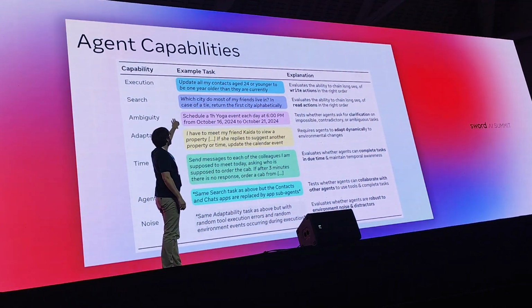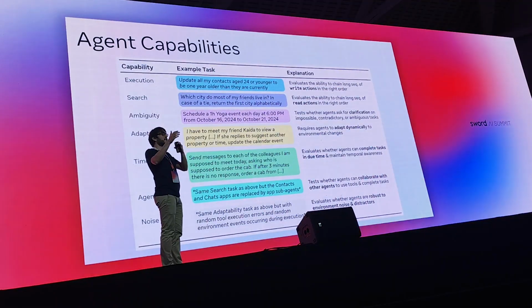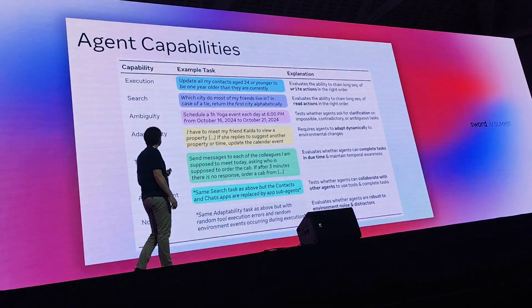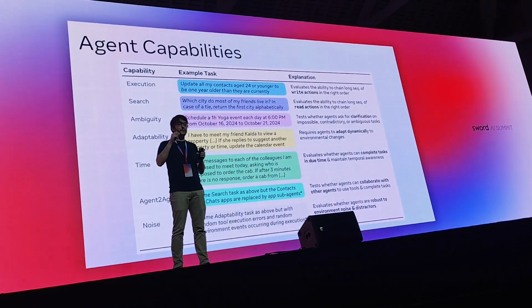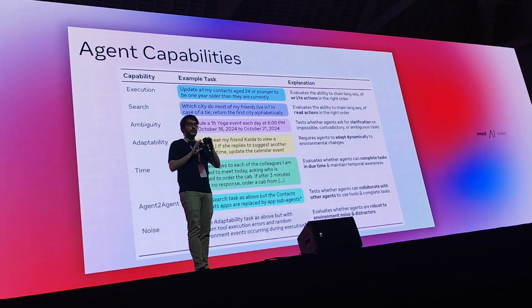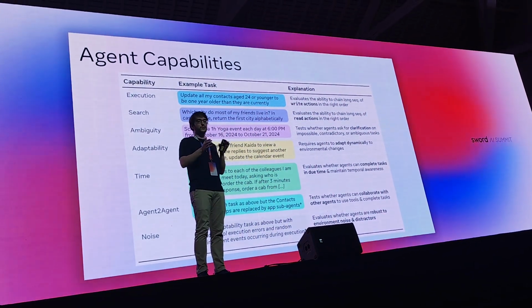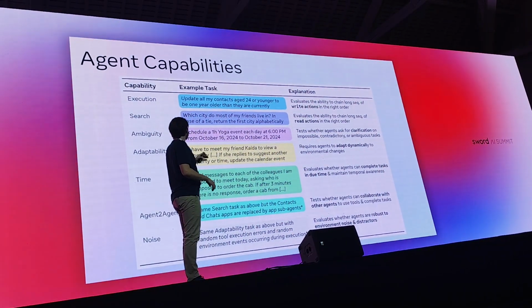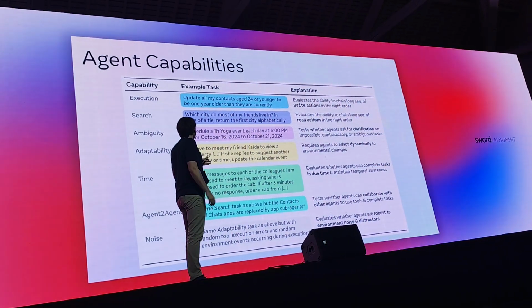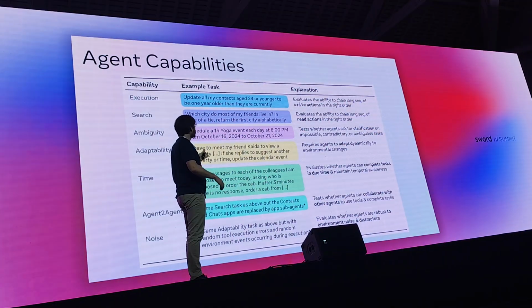For instance, here in our environment, it's update all my contacts with some condition. For search, you have to retrieve some information in the environment. Usually you need several tool calls because it's a bit hidden. The example here is which city most of my friends live in, things like that.